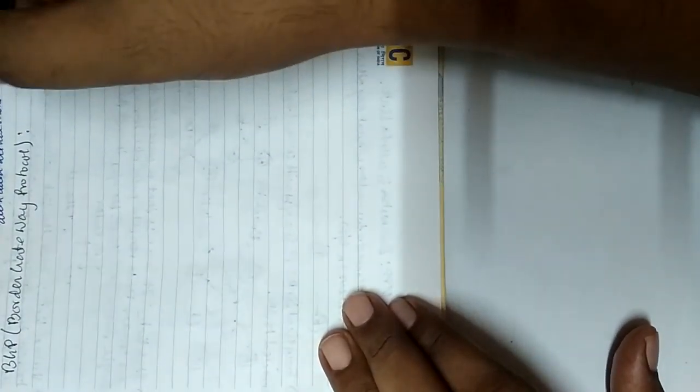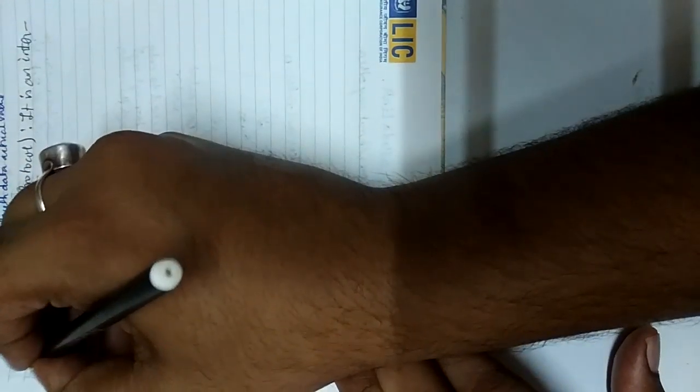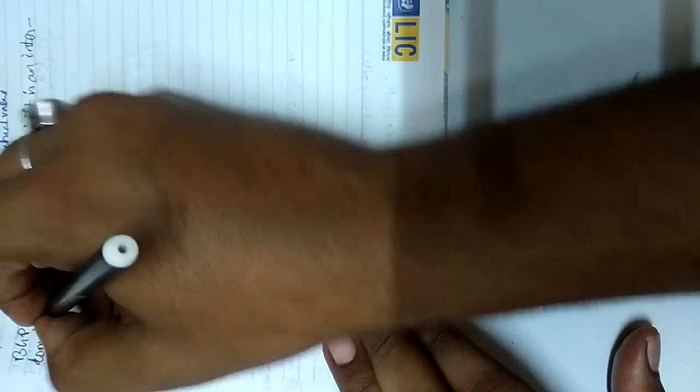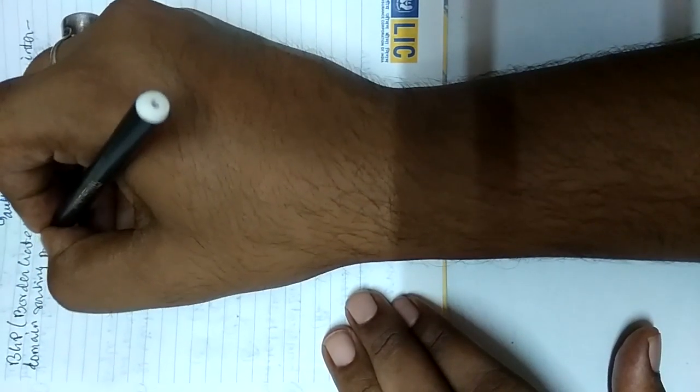So BGP, Border Gateway Protocol, is an inter-domain routing protocol that uses path vector routing.